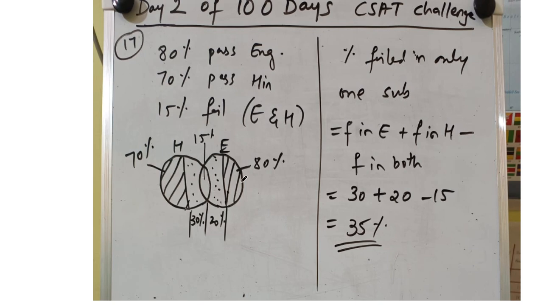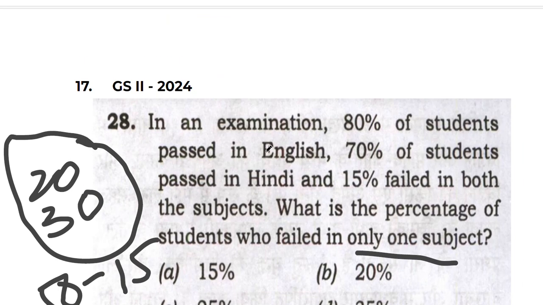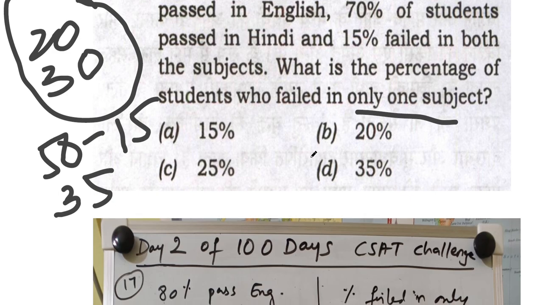And at the intersection, 15 students failed in both. They asked us to find this dotted portion from both sides. How can we find that? We know the whole is 30 plus 20, that is 50, minus 15 will give you just the dotted portion, right? This is what we did here. The correct answer is 35.